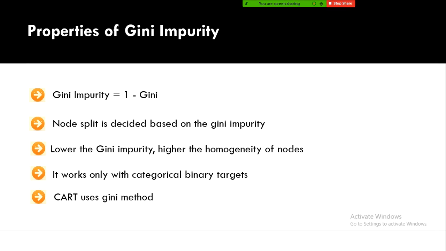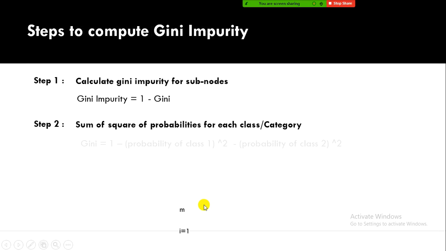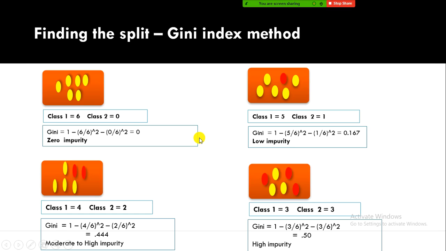What is a regression tree? It is nothing but the tree used to solve the regression problem. Classifier is nothing but solving the classification problem. CART stands for classification and regression tree. Both of them use the Gini method. And this is the formula. I discussed it.